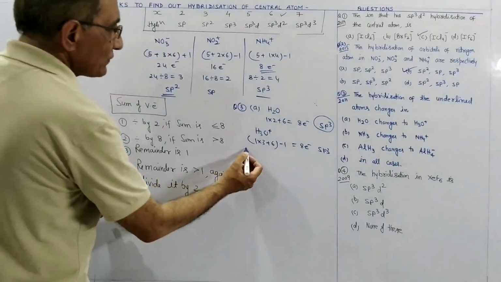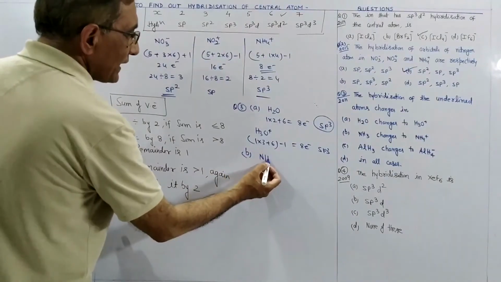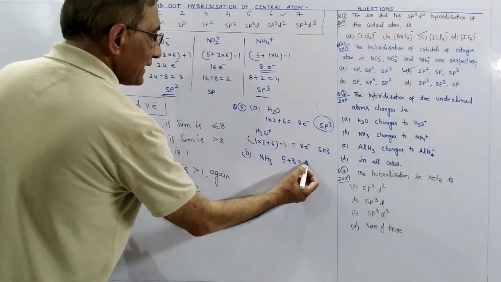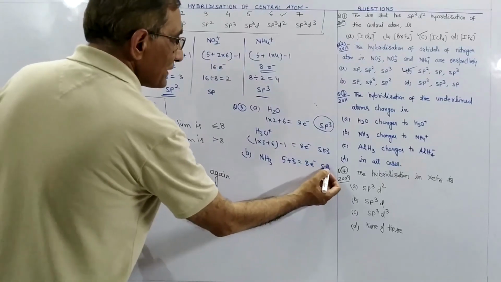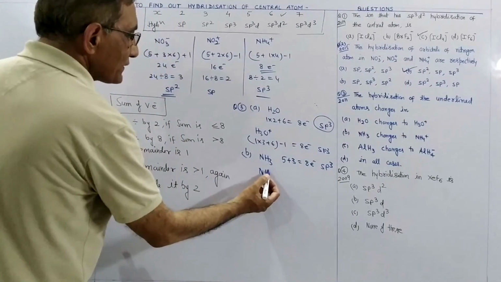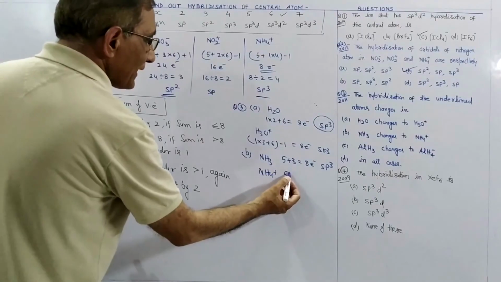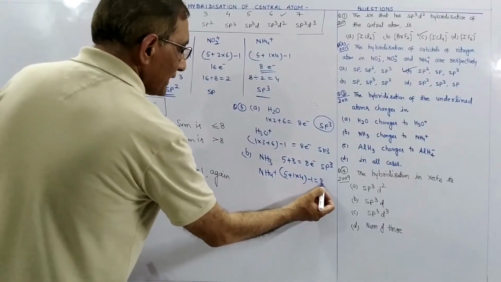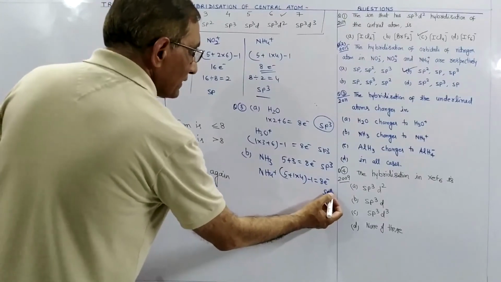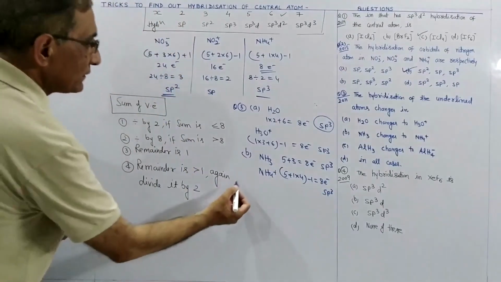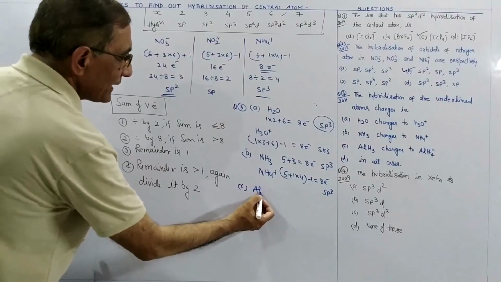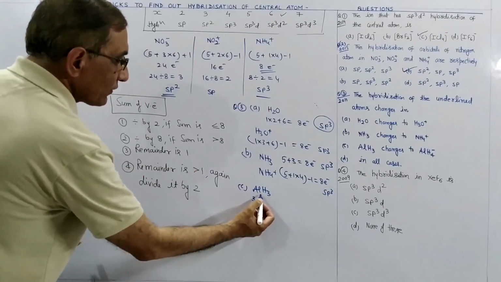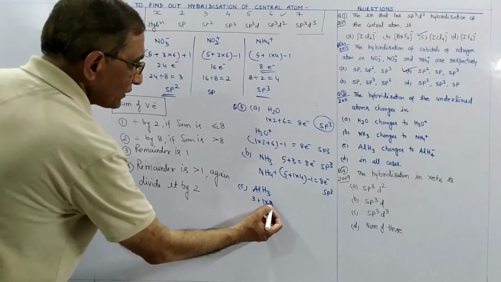NH3 students, B option. NH3, nitrogen valence electrons 5 plus 3, 8. 8 electrons means sp3 hybridization. NH4 plus students, 5 plus 1 into 4 minus 1. Again 8 electrons means sp3. No change in hybridization. Now C option students, AlH3. Aluminum is group 13. We have 3 valence electrons plus 1 into 3.